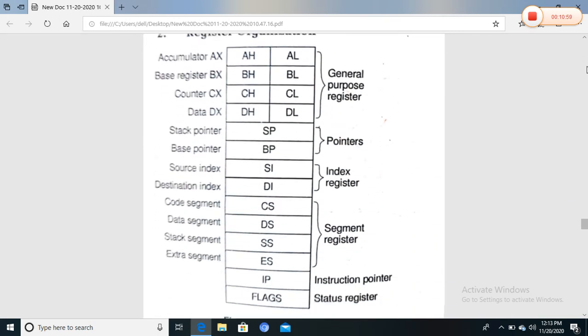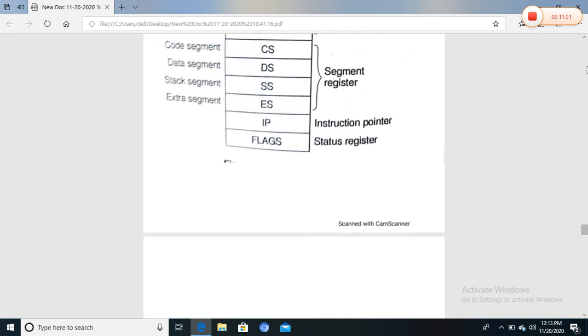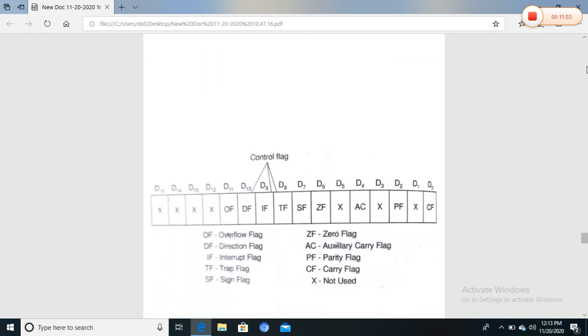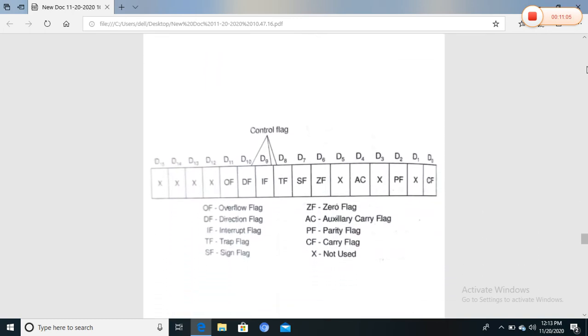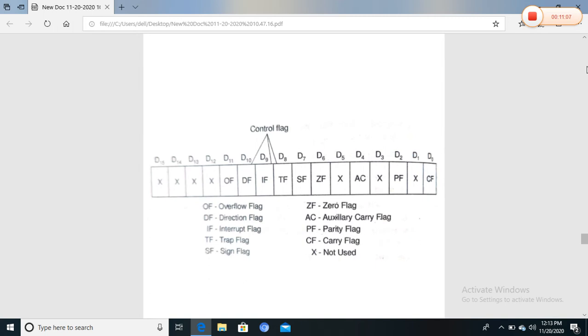This is one separate question asked on register organization from the EU, and another question is about the flag register format. The flag register is 16-bit, D0 to D15, and it has control flags and status flags. Status flags are carry flag, parity flag, auxiliary flag, zero flag, sign flag and overflow flag.